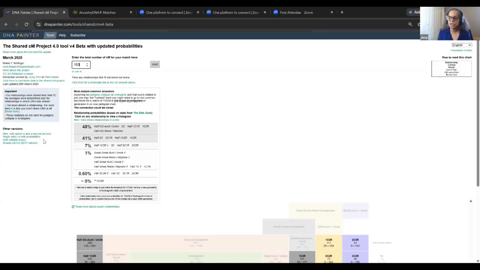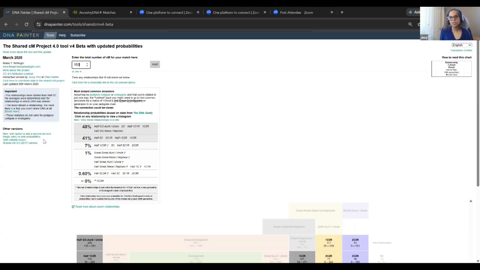But basically, you're going to get different results back when that kind of thing is involved. With endogamy, you've got multiple overlapping relationships, so it means that you can match one relative in a couple of different ways. And so that's another time when DNA Painter is not really going to help. It's going to be misleading.